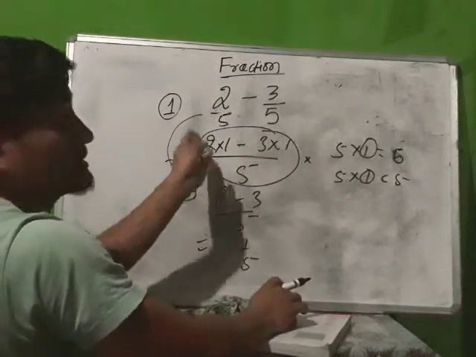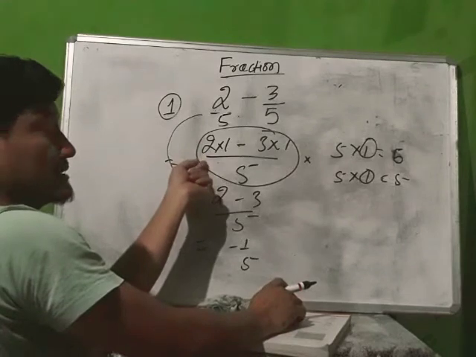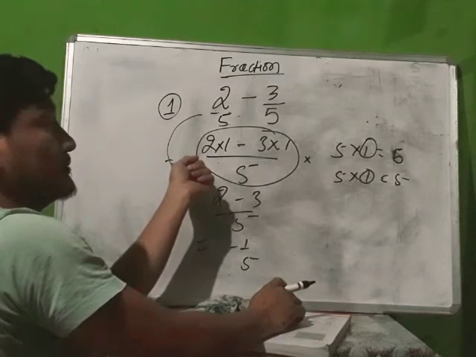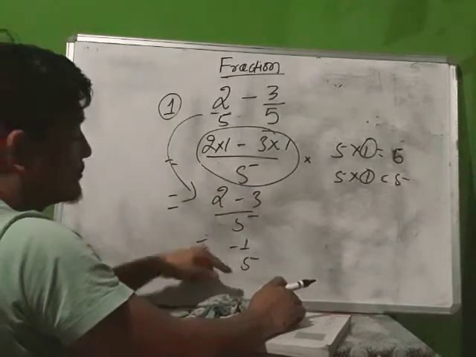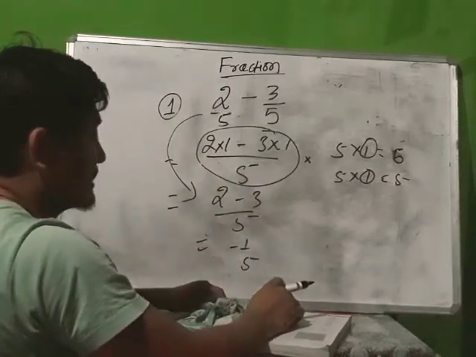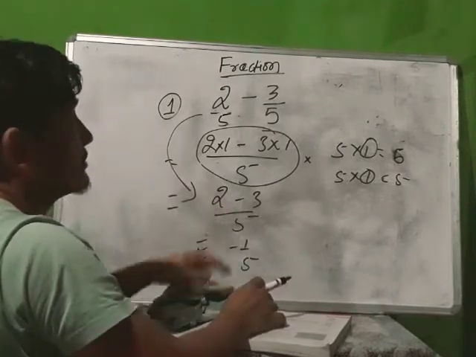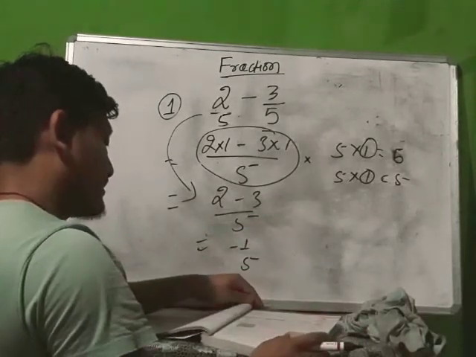But if the denominators are different, then you cannot skip this step. You have to do the step properly and then move to find the solution. So this is only the case when the denominators are the same. This is how you are going to do it.